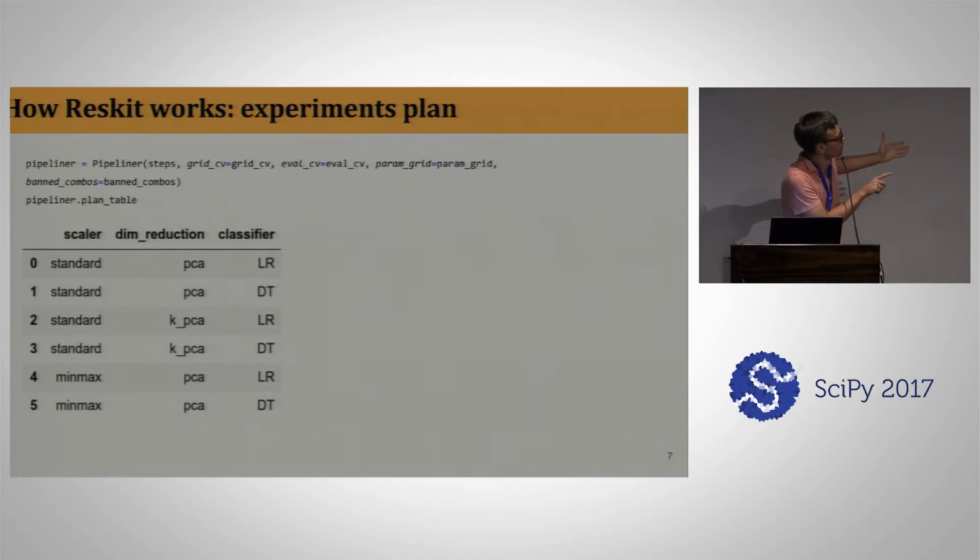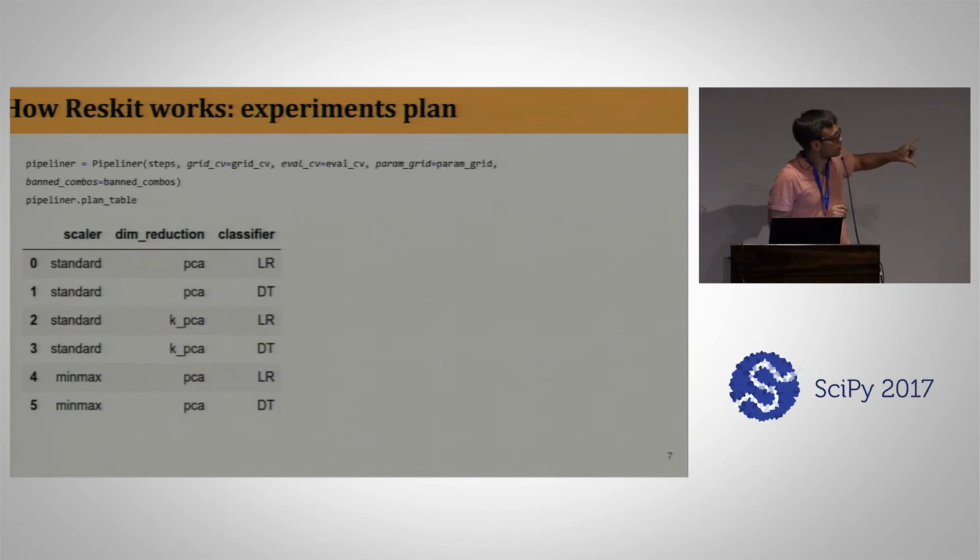For example, at least in theory, you don't want to scale your data for decision trees. It's not this example, but we see, for example, that without forbidden combinations, we would have 12 rows in this table, and here we have 6.